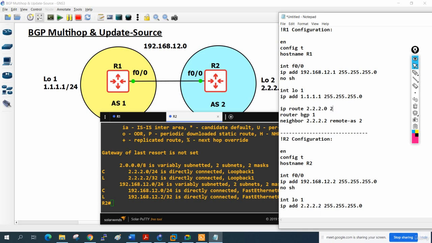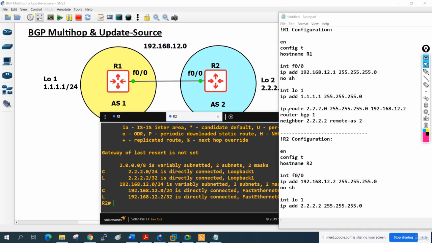I will write 255.255.255.0 and the next hop will be 192.168.12.2. So I just wrote the static route. I am saying to R1: if anyone wants to go to the 2.2.2.0 network, forward that traffic to 192.168.12.2.